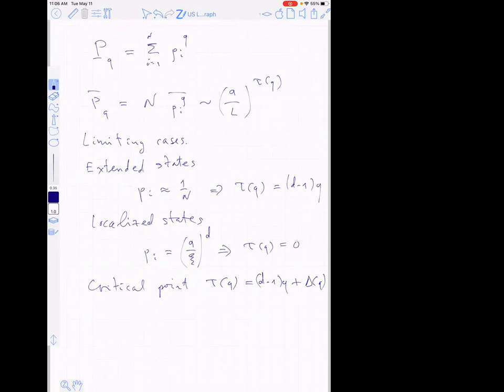Namely, you can look at the scaling of the local probability, or the mass of this probability measure, centered at a particular point, and you look at how much mass there is in a ball of radius r.